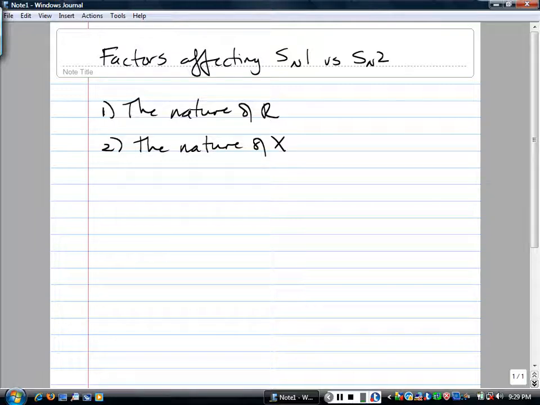Three, the solvent. Okay? So in terms of the nature of R, we're looking at whether R is methyl, primary, secondary, or tertiary.